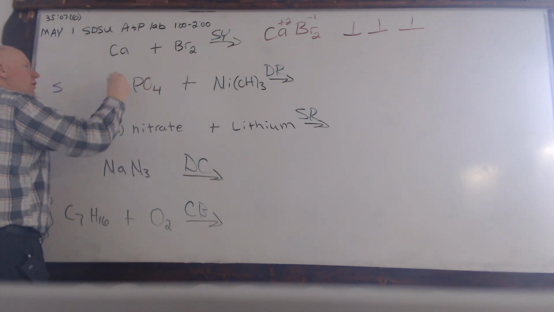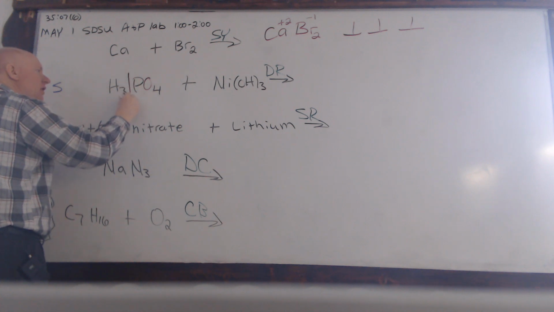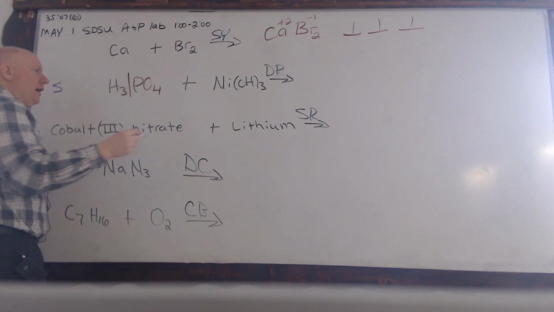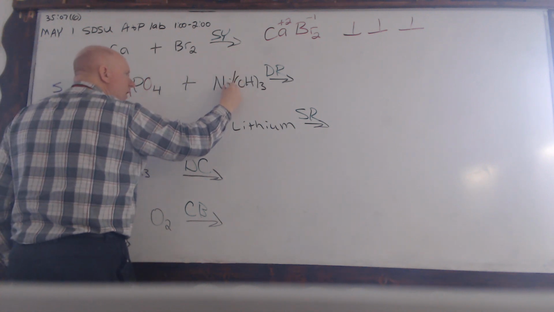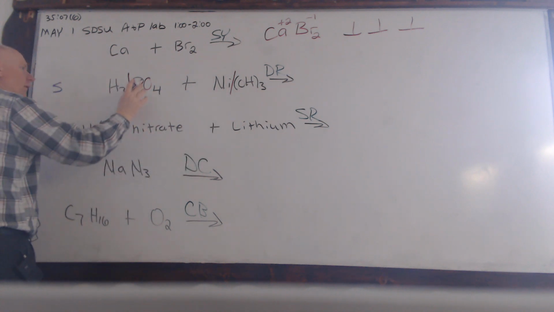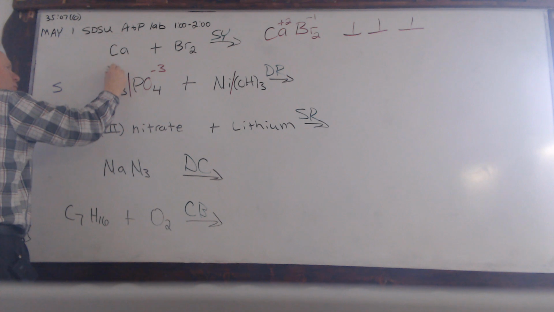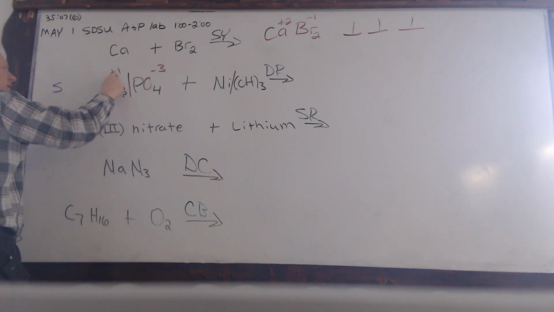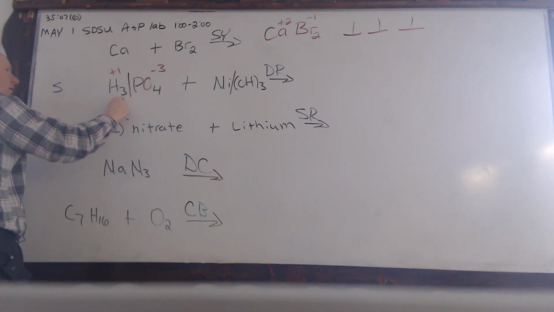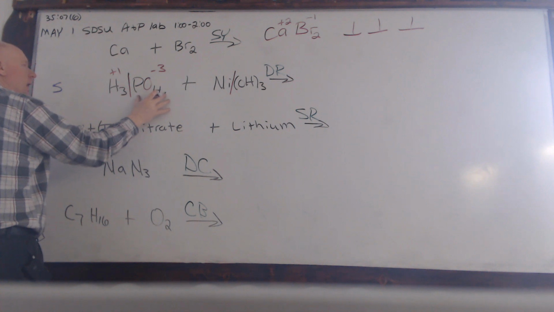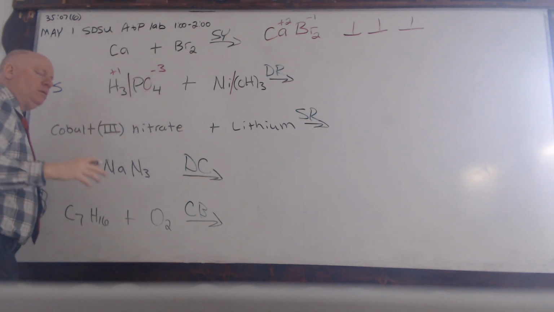Okay, so again, it splits here between the positive and negative ion, and here between the positive and negative ion. Phosphate has a charge of -3. Hydrogen is +1, so +1 times 3 is +3. 1 phosphate ion times -3 gives you -3.